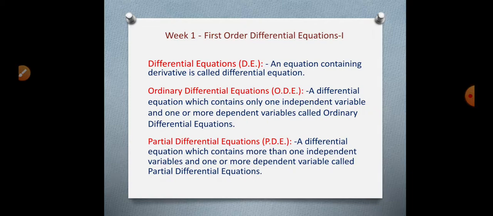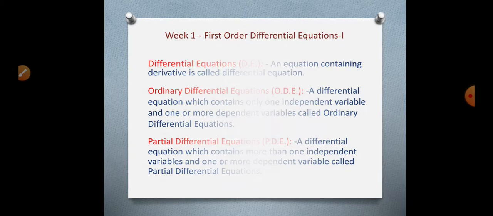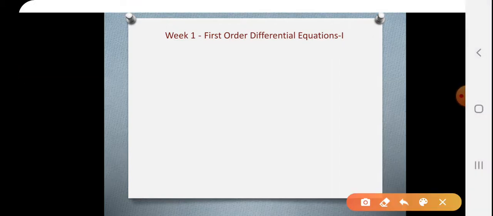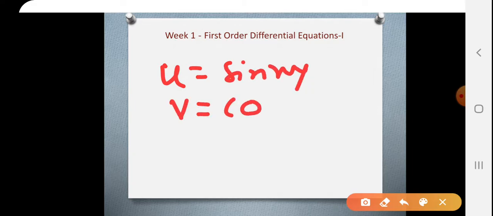Now let me tell you this. With one independent variable, we get an ordinary differential equation. With more than one independent variable, we get partial differential equations. Let us clear it. Suppose I have u as a function of x and y, just like sin xy, and v is equal to cos xy.